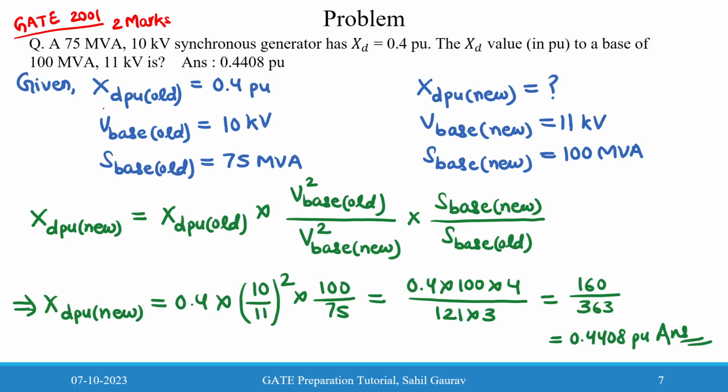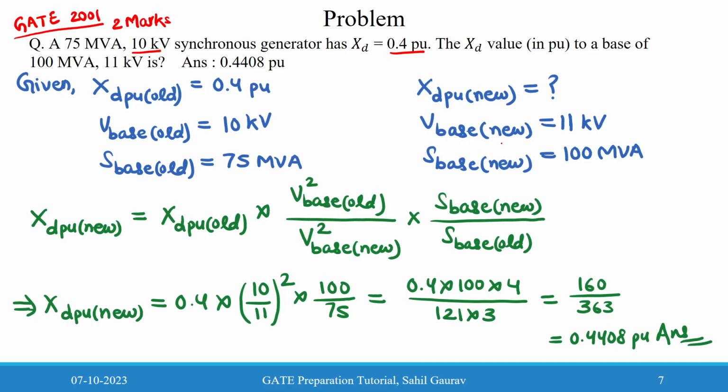The quantities given are Xd per unit old, that is 0.4 per unit, V base old, that is 10 kV, and S base old, that is 75 MVA. Now we have to find Xd per unit new at the newer base quantities.